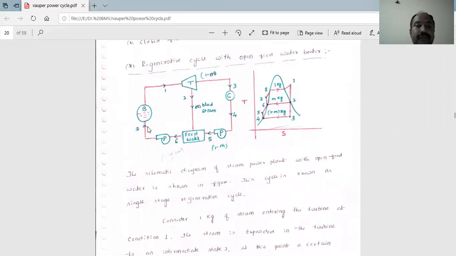Now, what happens in this regenerative cycle with open feed water heater? The boiler produces steam, and that 1 kg of steam is expanded in the turbine.